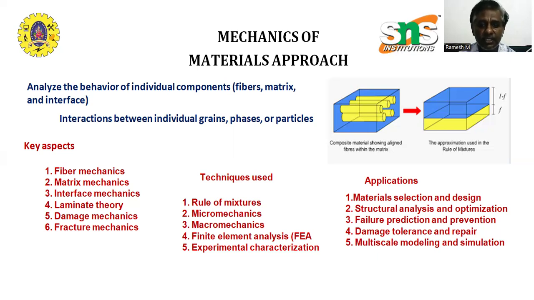In matrix mechanics, which is a very important thing, the matrix properties are strength, stiffness, modulus, Poisson's ratio, and failure strain. The matrix types are thermoset plastics, thermoplastics, and elastomeric matrices.